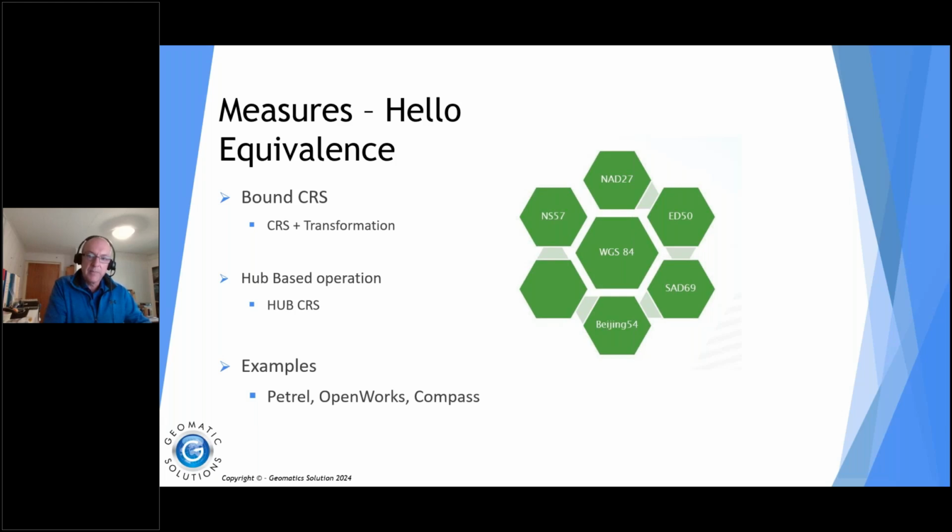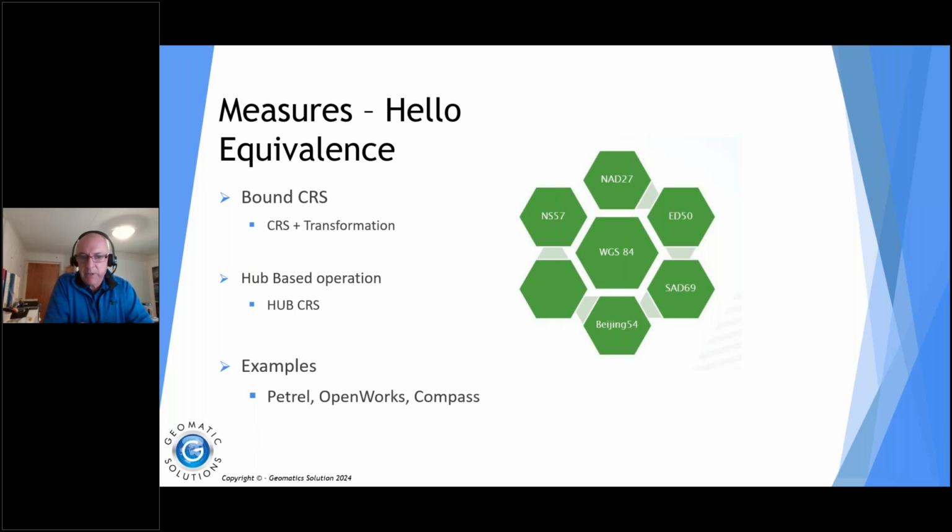So if you look into coordinate reference system catalogs, you will see that most of the catalogs have everything defined with a transformation to WGS84. I've got some examples down there which are from the oil and gas industry: Petrel, OpenWorks, and Compass. For those of you who work in oil and gas, you'll know what it is.